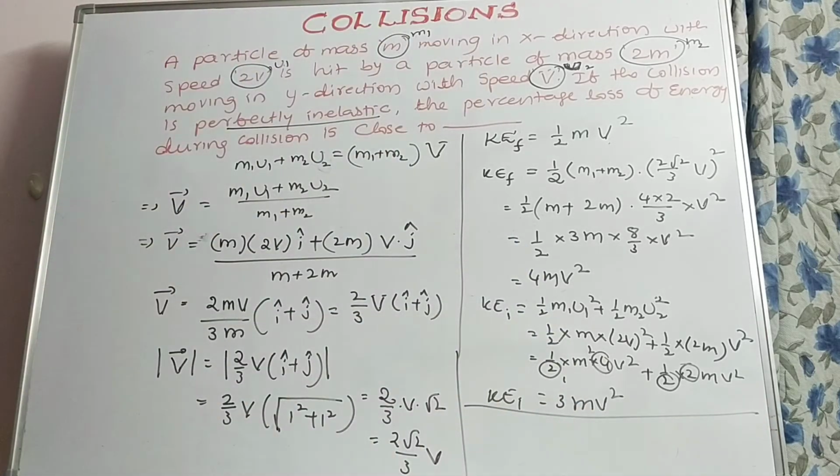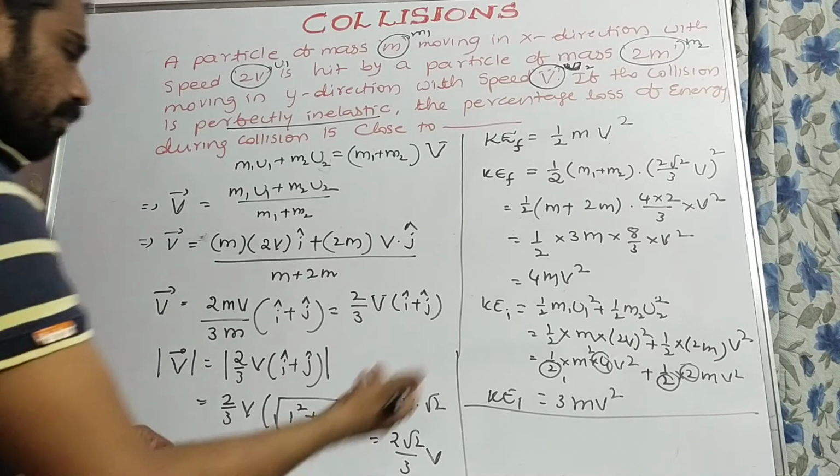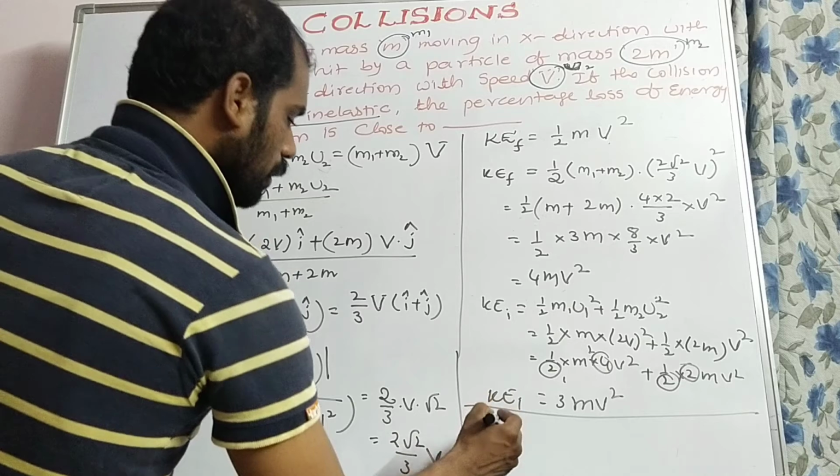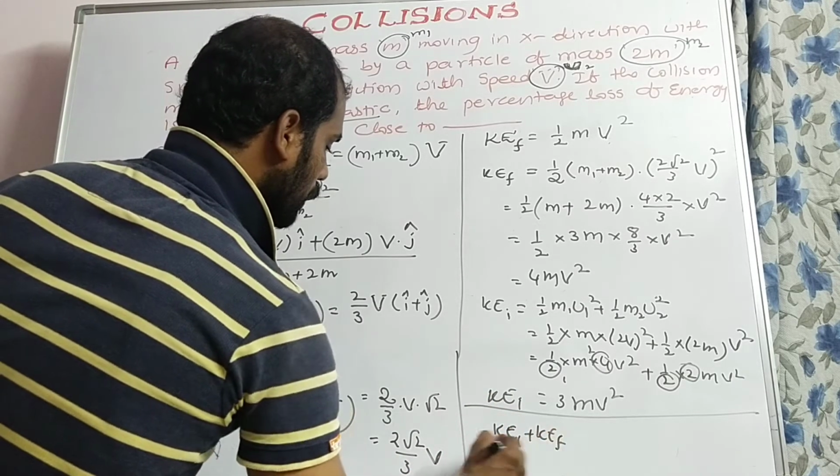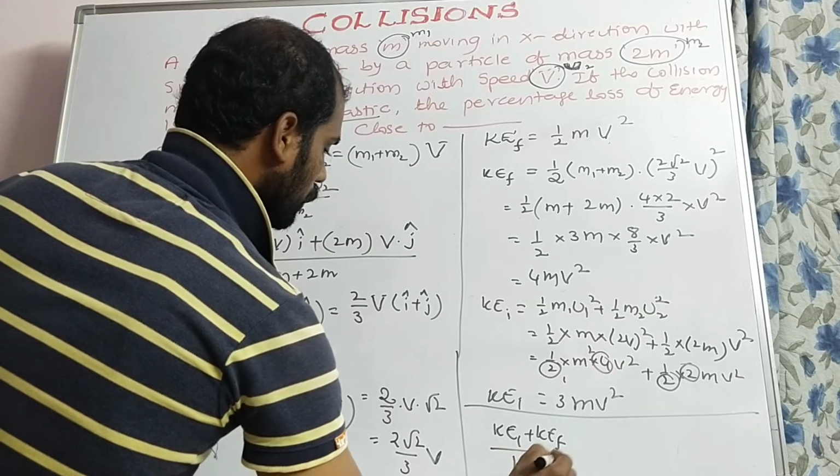So we have to find the percentage loss of kinetic energy during collision. So percentage of loss of kinetic energy is KE initial minus KE final by KE initial.